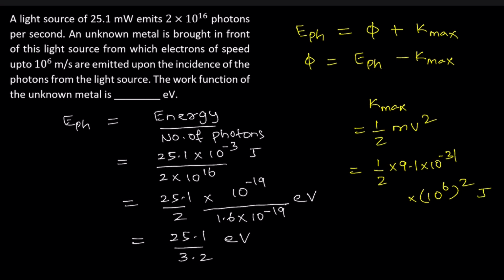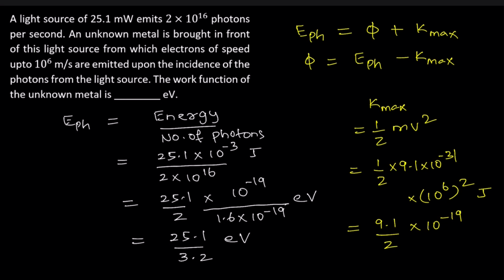So in order to get the energy in electron volts, again we have to divide this by the charge of an electron. So what do we have here? 9.1 divided by 2 into 10 to the power, so there is a 12 and minus 31, so that is minus 19.